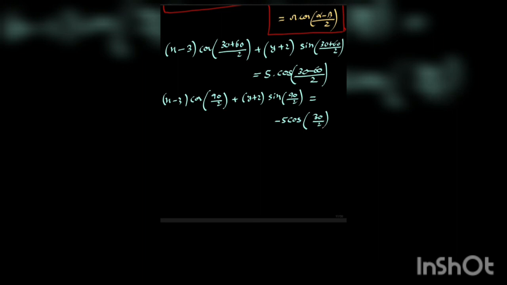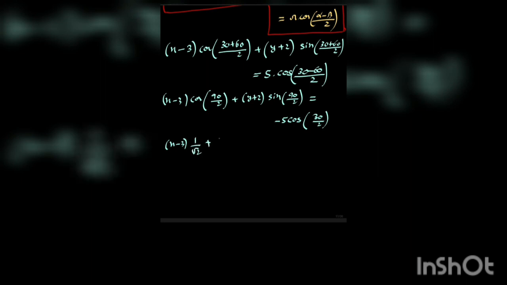So 90 by 2, that is 45. So what is cos 45? 1 by root 2. So (x - 3) into 1 by root 2 plus (y + 2) into 1 by root 2 is equal to, 30 by 2, that is 15. So cos 15 is (root 3 + 1) by 2 root 2.